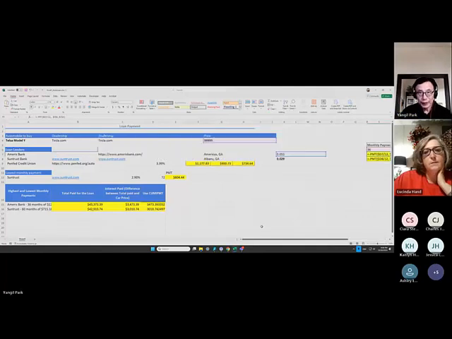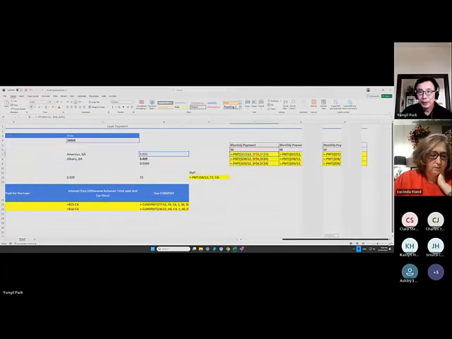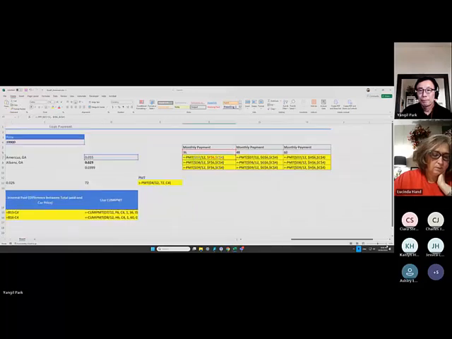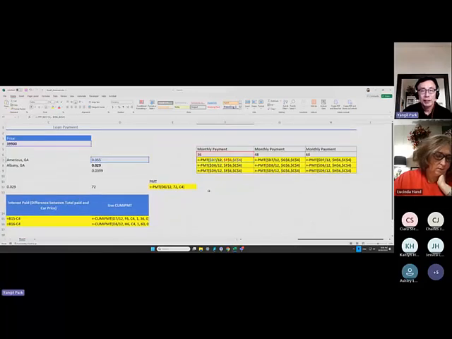So here is the PMT function that we're using. Notice that it starts with negative PMT, right? PMT and other financial functions, especially when you're calculating the amount you owe, will give you a negative number. That's why we are starting with negative PMT, so that it returns a positive number when you run it.